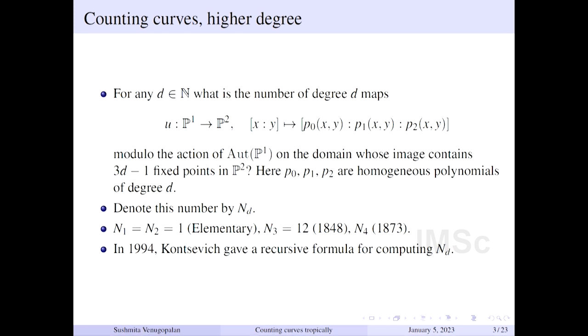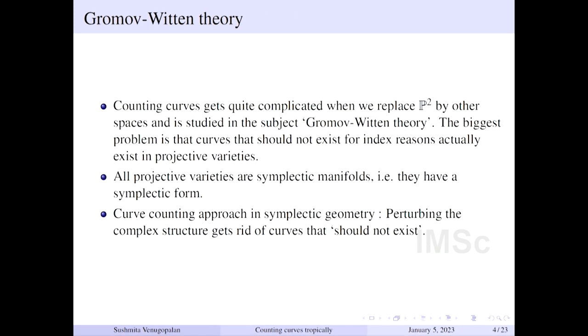That complex linearity is a partial differential equation, and perturbing the almost complex structure involves introducing a perturbation so that only the ones which you expect to exist actually exist. So that's how symplectic geometers think about curve counting problems.